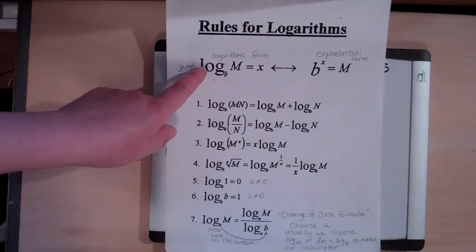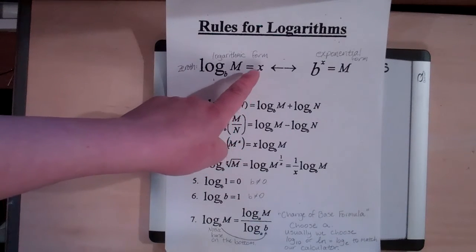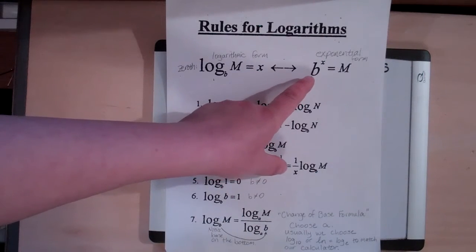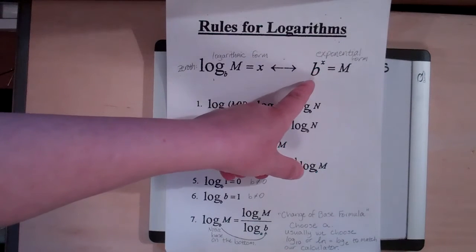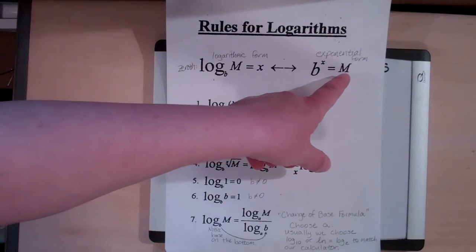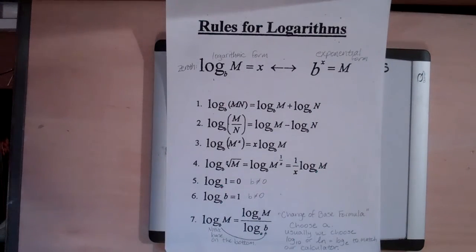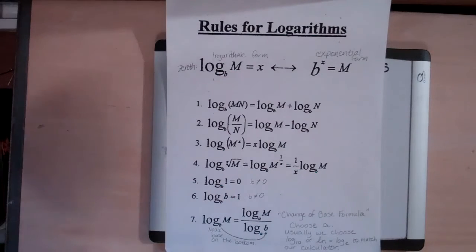And remember, when I see logarithm, I think of exponents, so that x would be an exponent when we convert to exponential form. So there's the x as an exponent, there's the base b, and the number m. So these forms are definitions, and we can switch from one form to the other.